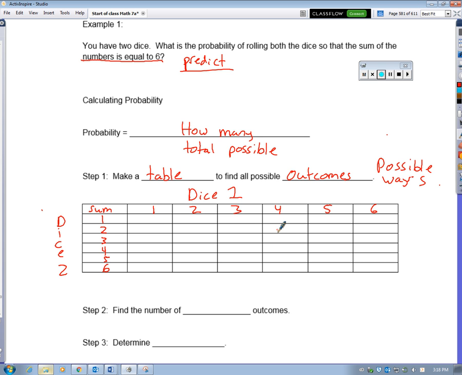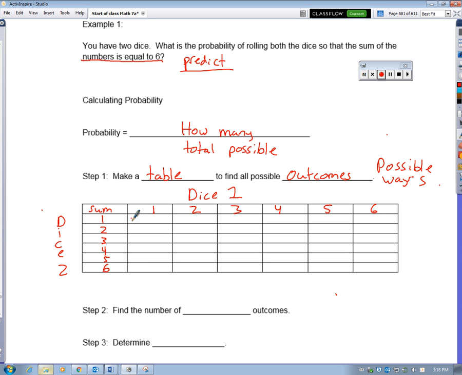So what this chart is going to do is show all the possible ways that we could roll the dice. For example, dice number 1, we could roll a 4. Dice number 2 could be a 2. Another time we roll, for example, dice number 1 could be a 2, and dice number 2 could be a 5. It's all the different possibilities we can get when we roll this dice together. And in the middle here is going to be the sums of all the possible outcomes.